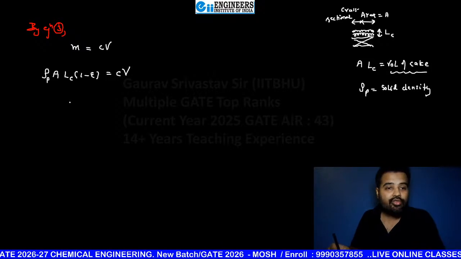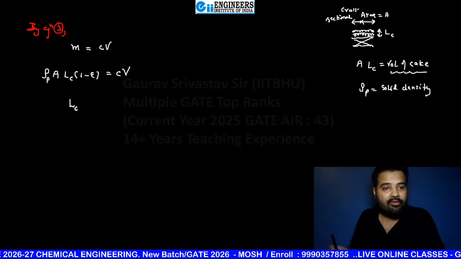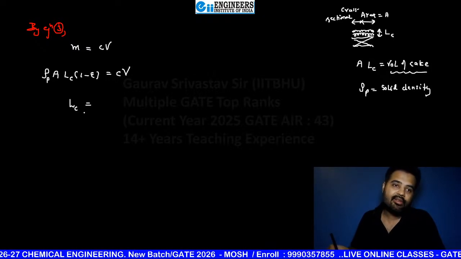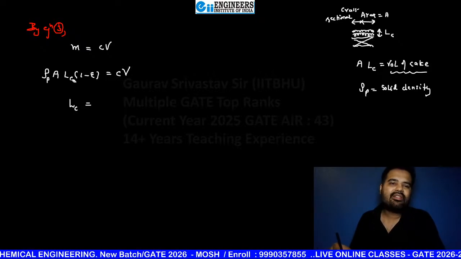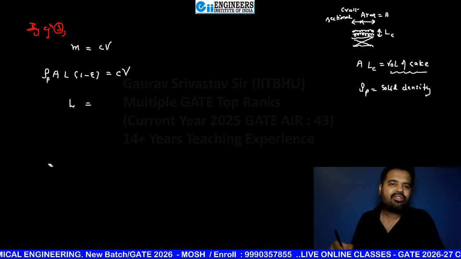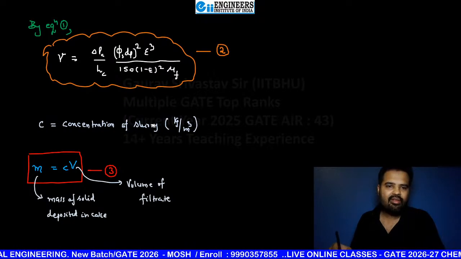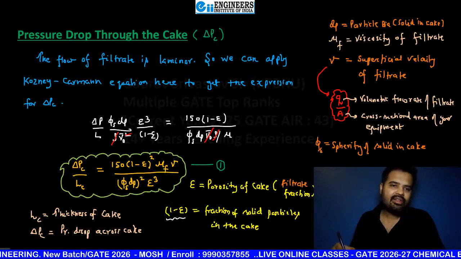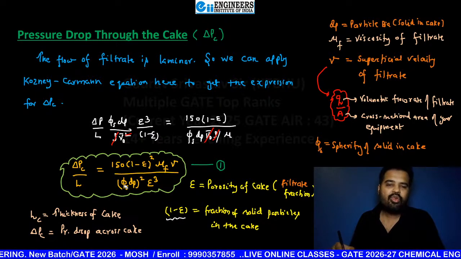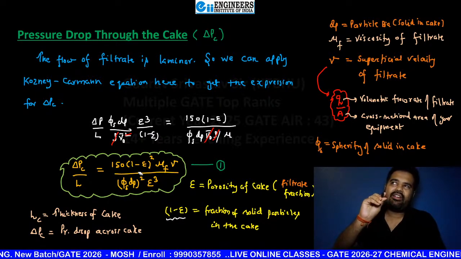So just solve this and write what is the expression for LC. Every time I don't want to write LC here, so please write just L. Why only L, sir? Why are you not writing LC? Because C is for cake concentration.